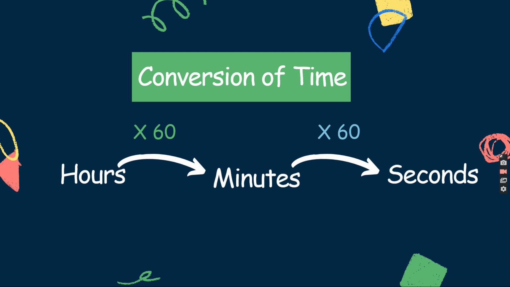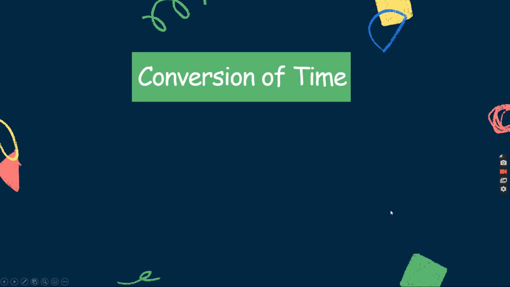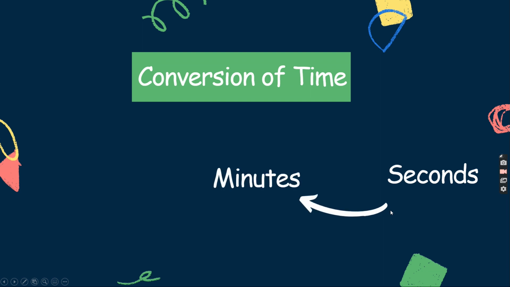So today we're going to do it in the reverse manner, meaning that we're going to convert or change from seconds back to minutes. Since we multiplied by 60 from minutes to seconds, we all know that the opposite of multiplication is division.